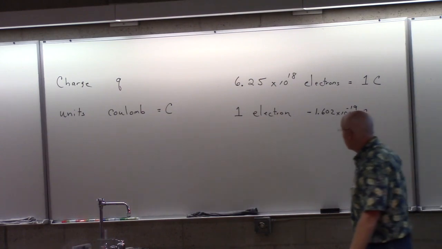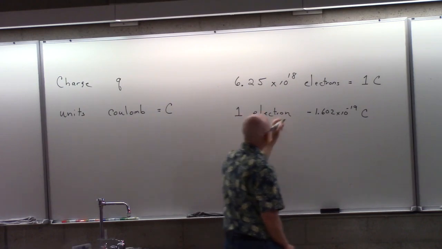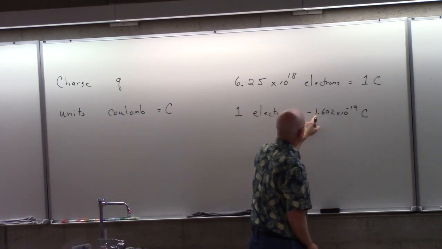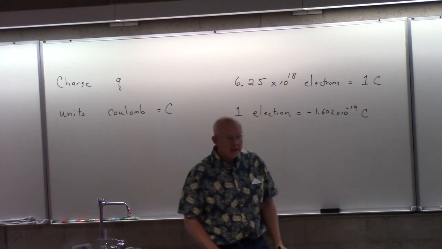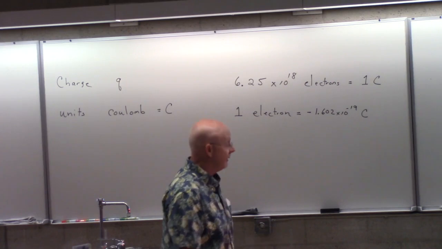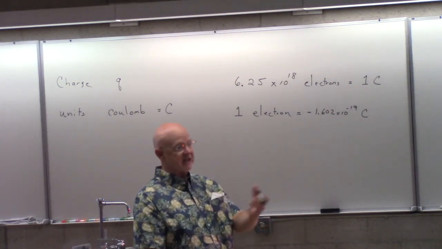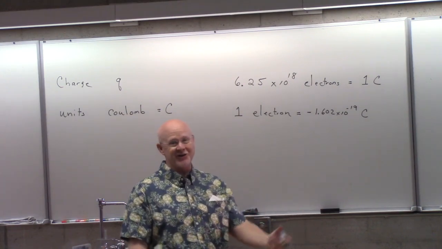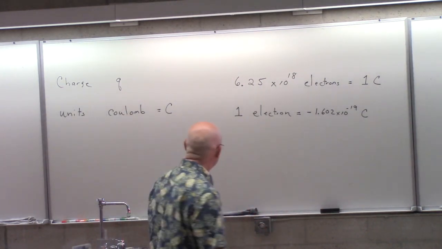But the charge of 1 electron is 1.602 times 10 to the minus 19 coulombs. And that's a good number to keep handy, you know. Put it in your notes, put it, I don't know, in the margin somewhere. But as you do the calculations, you're going to say, okay, I have 7 electrons, so how much charge do I have? Well, obviously it's 7 times that number, okay?